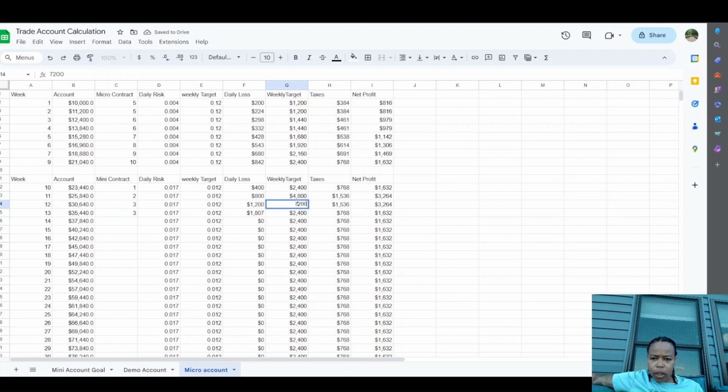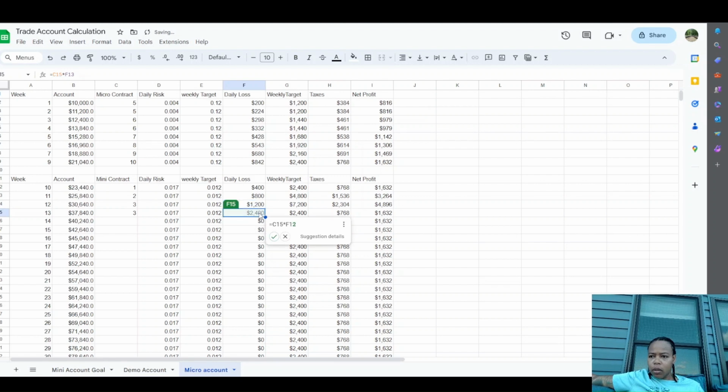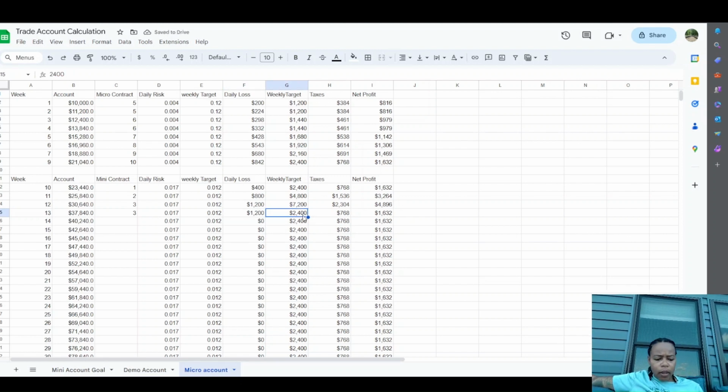So 7,200 is the weekly target. And this is now, yeah, that's right, times the 400. That's correct. So we're still at 3 contracts. That's going to be 3 times 1,200. Perfect. And the weekly target is still 7,200. Okay. We see our net profit and taxes are changing.